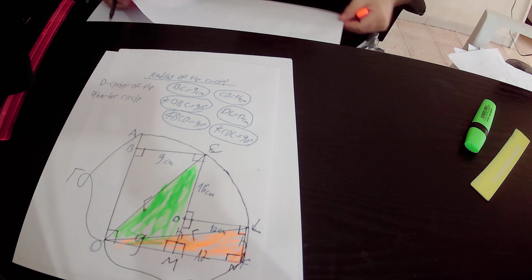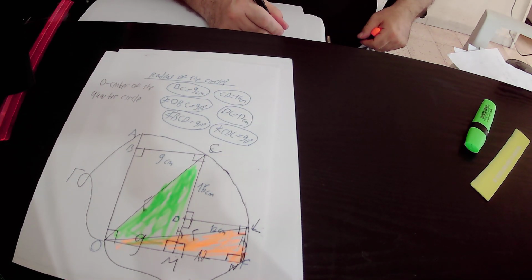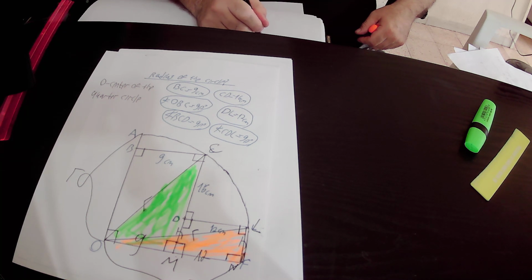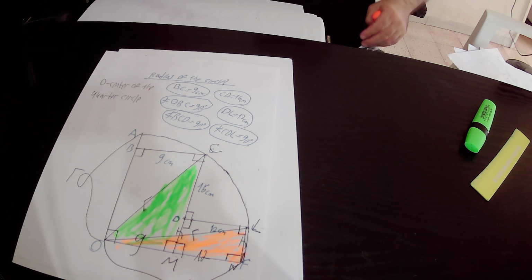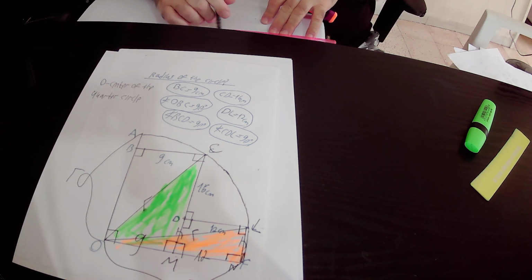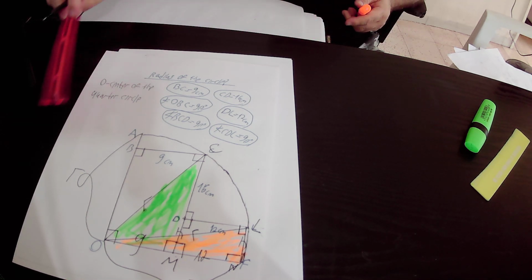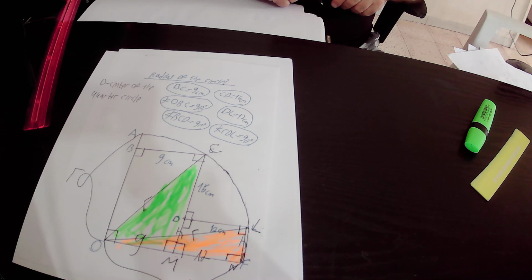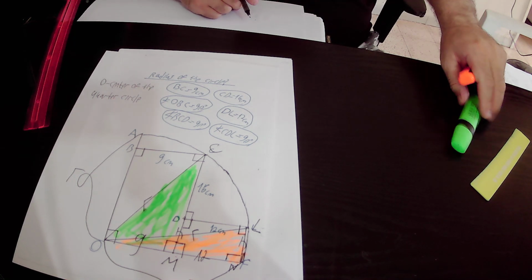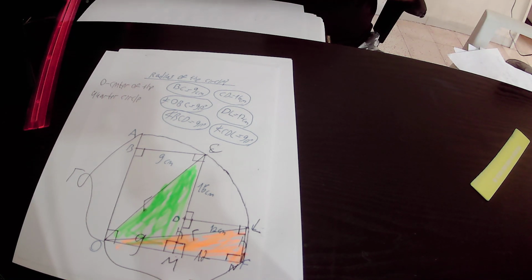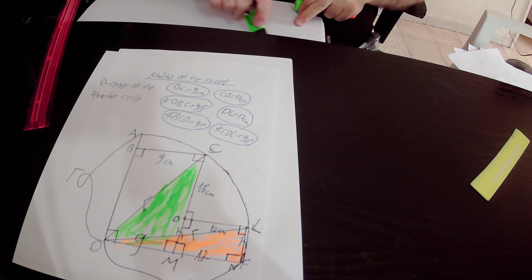So I found out that R squared, according to equation number 2, equals H squared plus 441. So actually, we have two different expressions for R squared: equation number 1 and equation number 2.